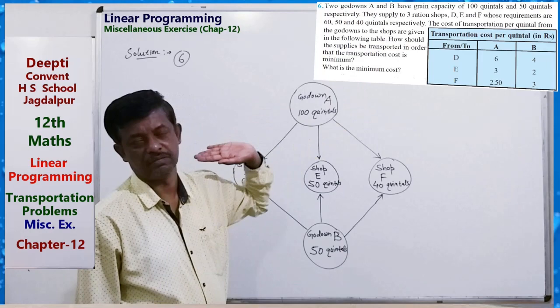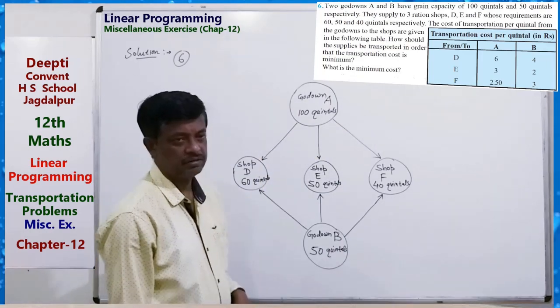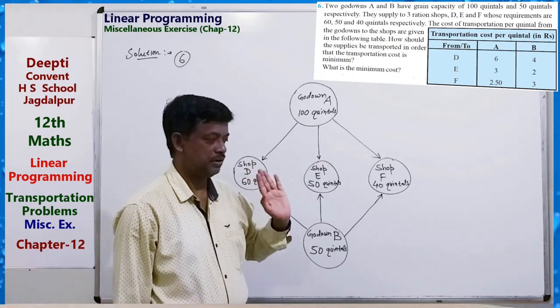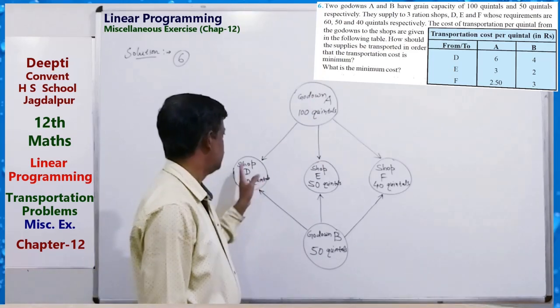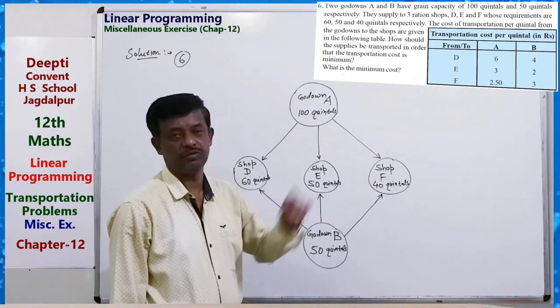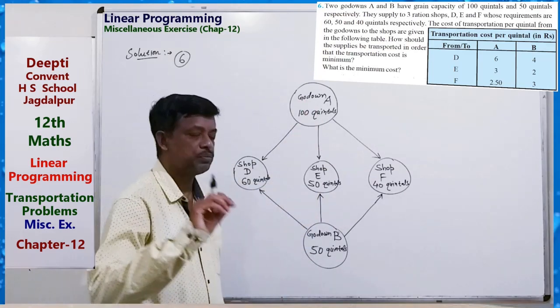This table gives the cost from godown A and godown B to D, E, F, in rupees per quintal.